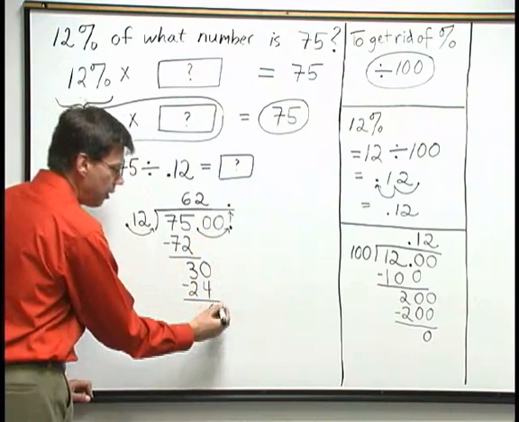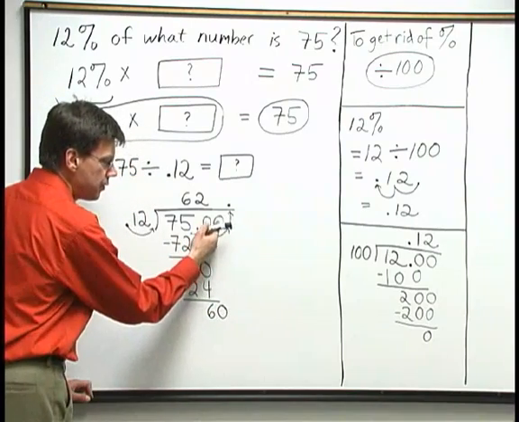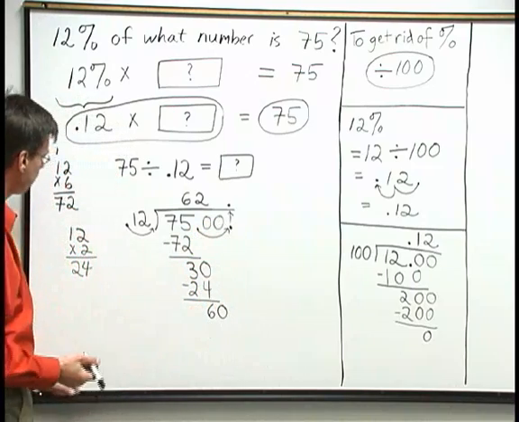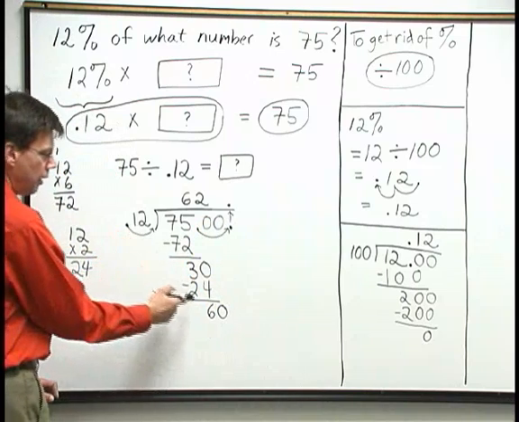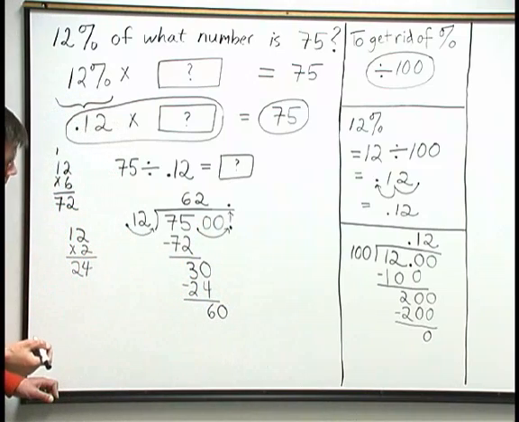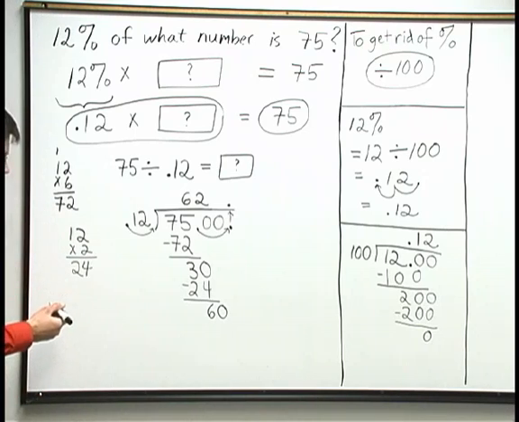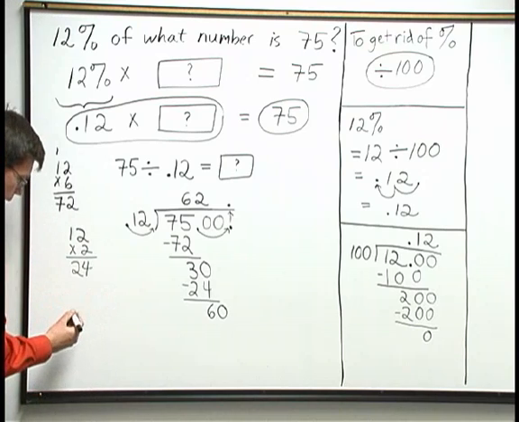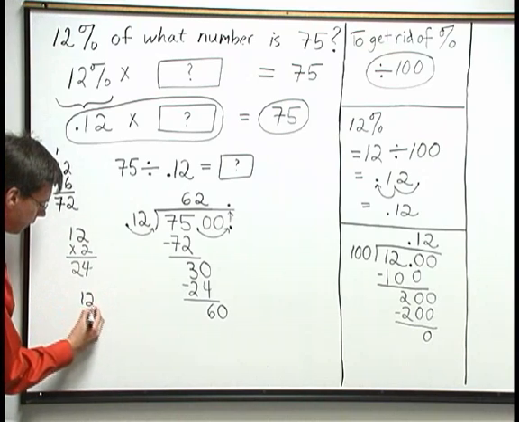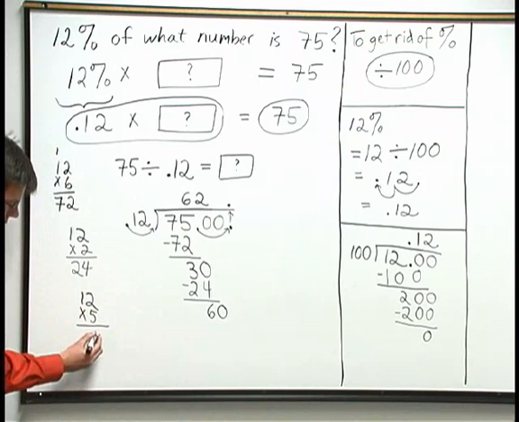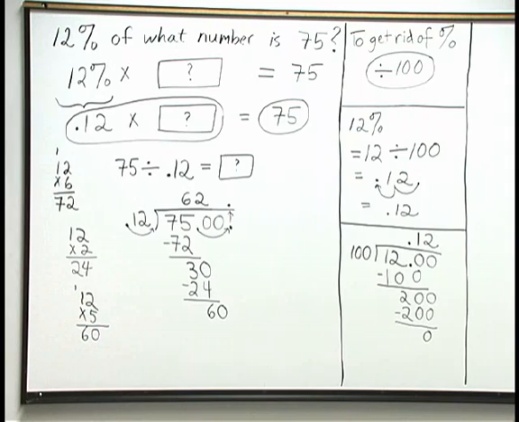And I still have one more 0 to bring down, the 0 on the end here, just next to the decimal point. How many times does 12 go into 60? Well, let's see. I know it's going to be less than 6 because 6 times 12 is 72. Let's try 5 times. 12 times 5. 5 times 2 is 10. 5 times 1 is 5 plus 1 is 6.